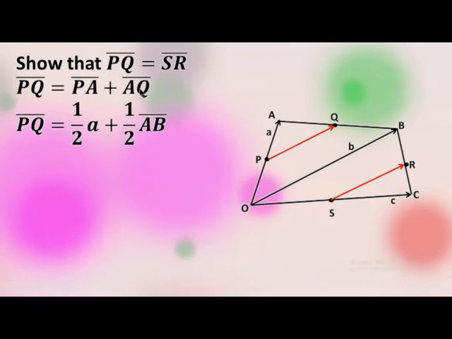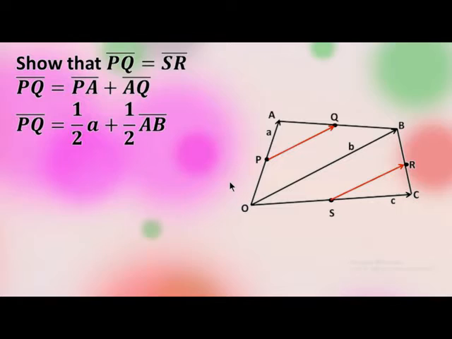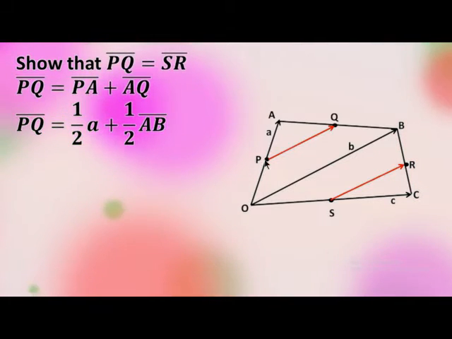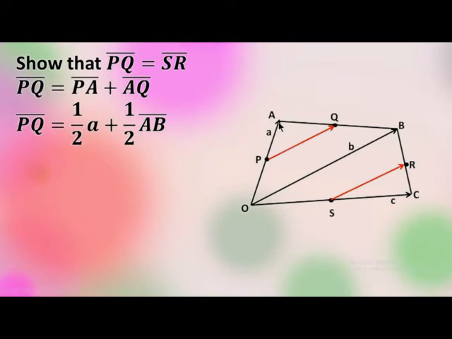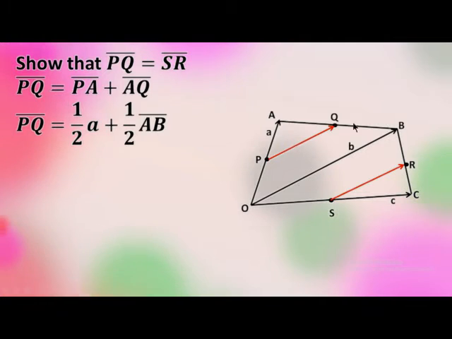We know that PA is half of A, because P is the midpoint of OA, and AQ is half of AB because Q is the midpoint of AB.